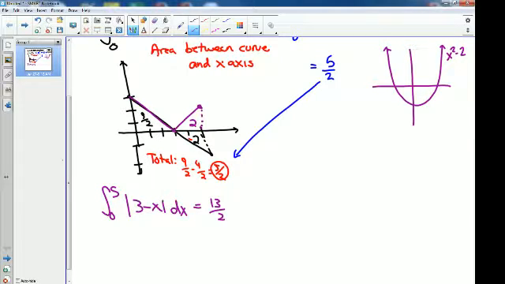What does the absolute value of that look like? It never goes negative. Everything is just above the x-axis. So you're not going to have to calculate this today, but it comes up once in a while.